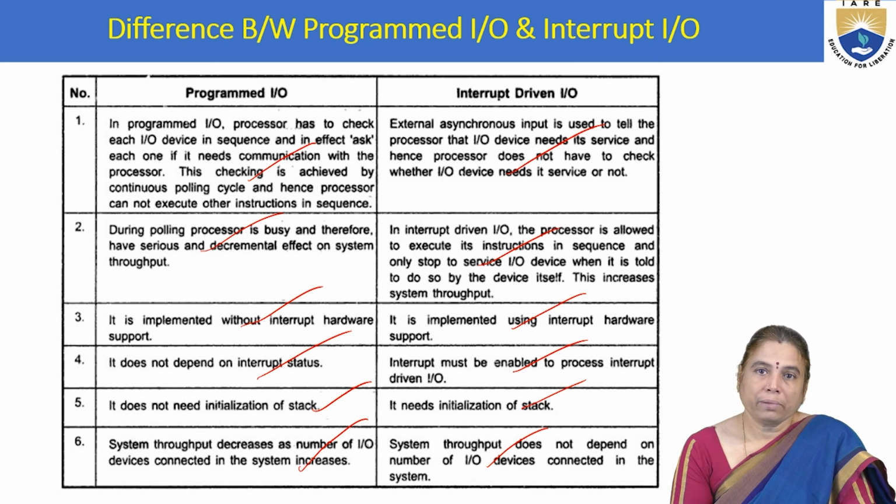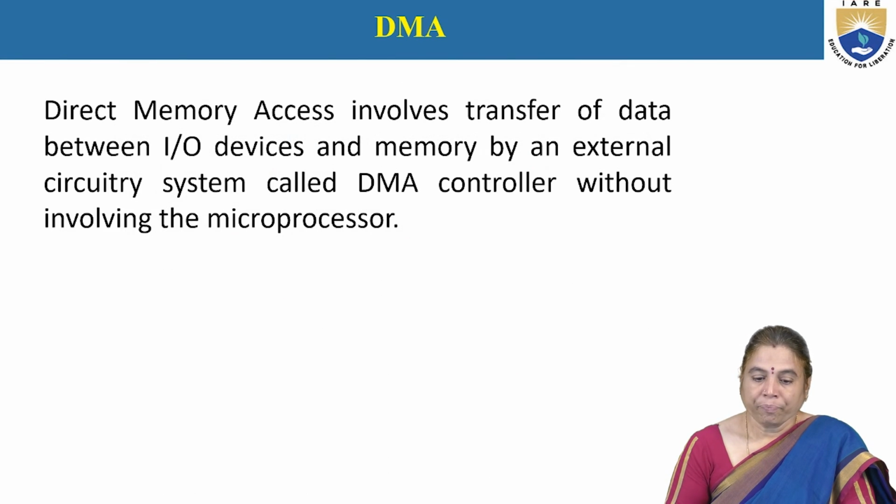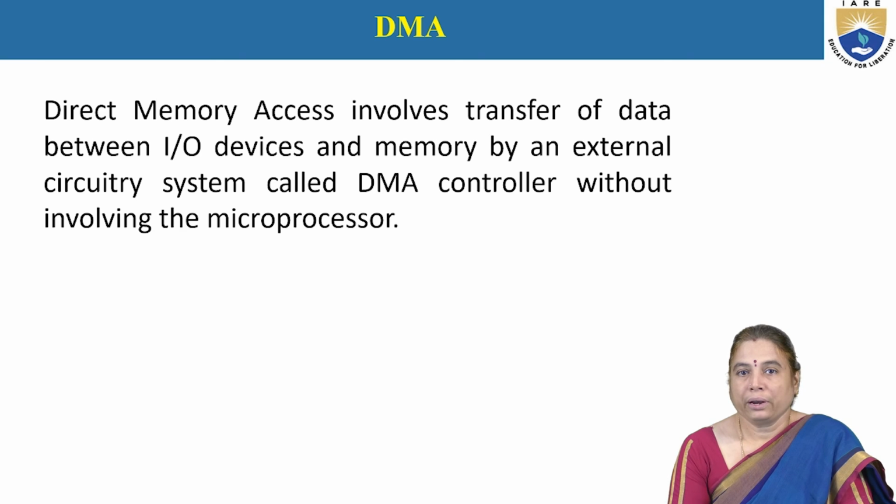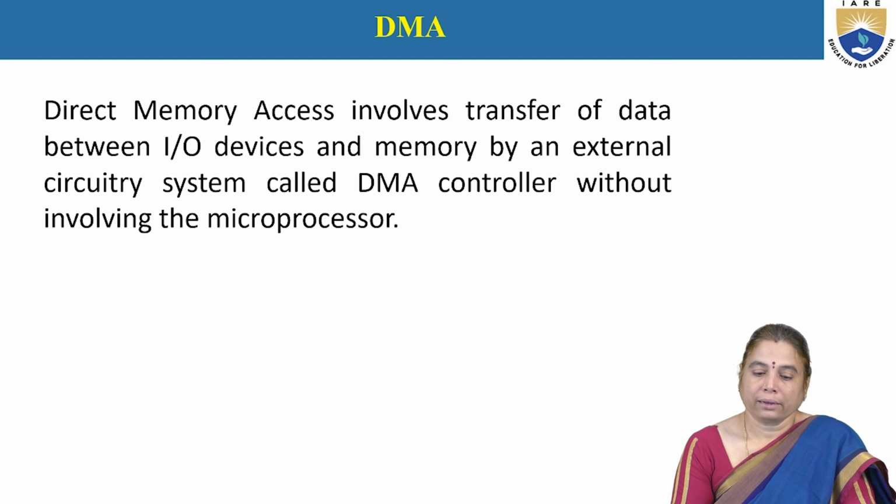The third method of data transfer is direct memory access. Here the CPU intervention is minimized and nearly null. The peripheral devices can communicate directly with the memory in direct memory access.